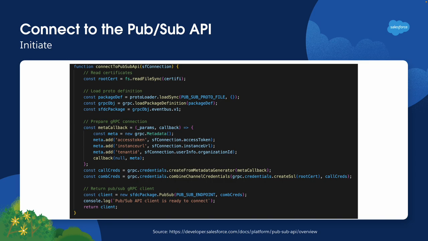Then down towards the bottom, you will see I'm using sfdc package.pubsub and supplying the PubSub endpoint, again in an environment variable. It's a generic endpoint, not specific to your Salesforce org. Much like your REST APIs, you use your My Domain, and it's very specific to your org. This is a generic one because the event bus is not on the core platform anymore.